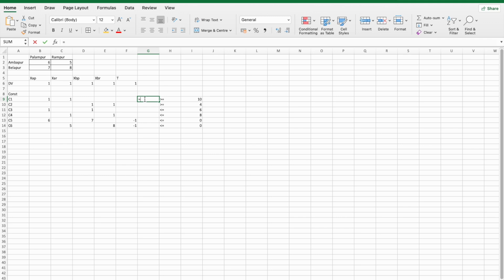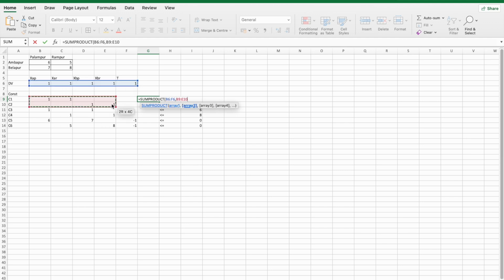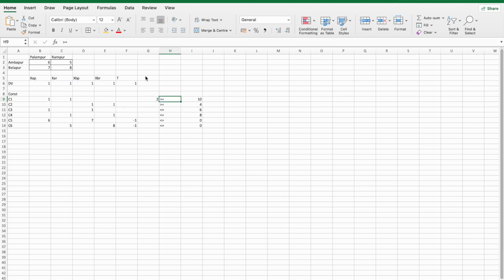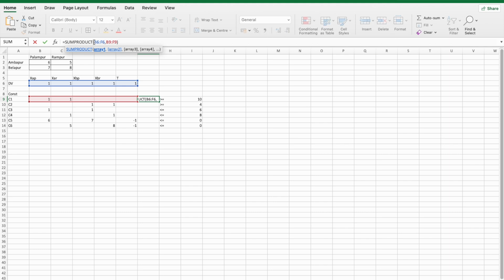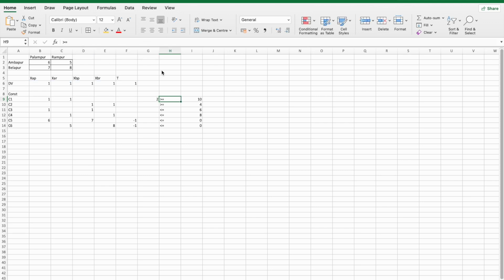And here we can simply use the sum product. Here I am just fixing these values because we have to multiply the same array. Okay, so this is done.